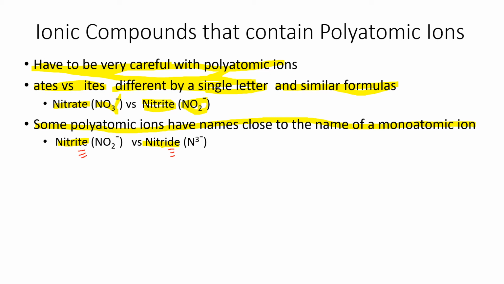However, the formulas couldn't be more different. Nitrite, polyatomic ion, NO2-, nitride, monoatomic ion, N3-. So you just have to be very, very careful with these. You really need to spend time and memorize these well. Otherwise, it's very, very easy to make mistakes on these.